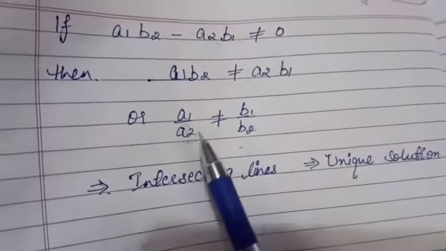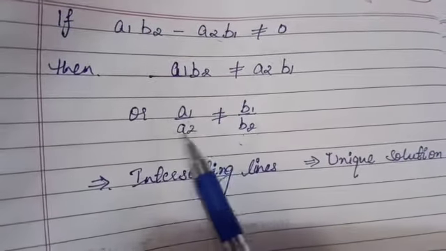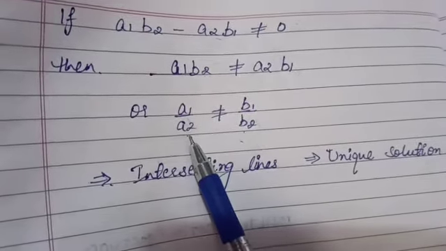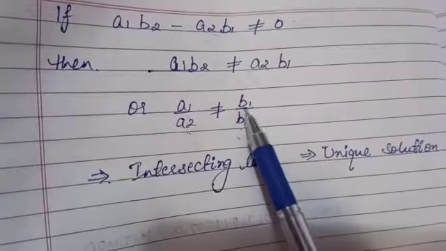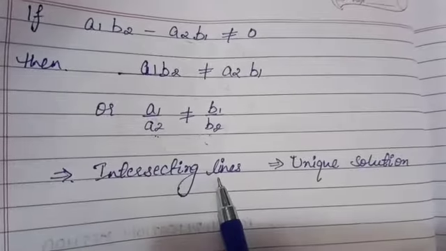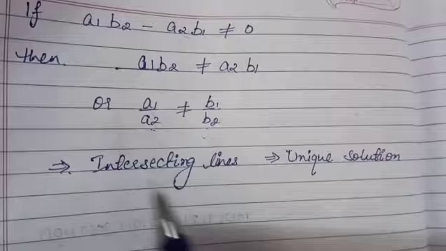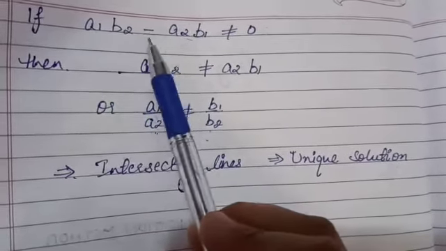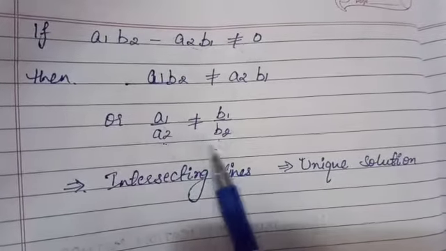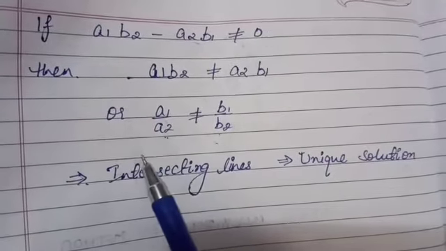What does it mean? If these two ratios are not equal, this ratio a1 by a2 is the ratio of coefficients of x. If it is not equal to the ratio of coefficients of y, then this implies that the lines are intersecting and we are having a unique solution. Therefore, only if a1b2 minus a2b1 is not equal to 0, we will solve the equations for x and y. Otherwise, we will not solve the equations.